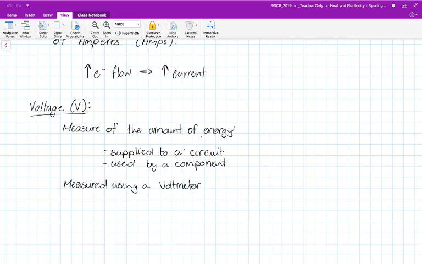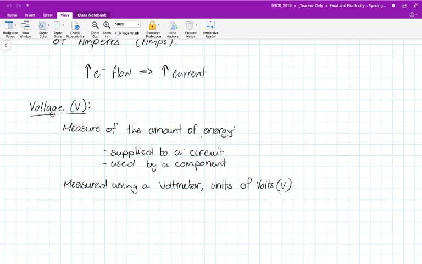And the measurements are given in units of volts, which is a capital V. Now, voltage itself is also denoted by capital V. All right, so current is I, voltage is V.